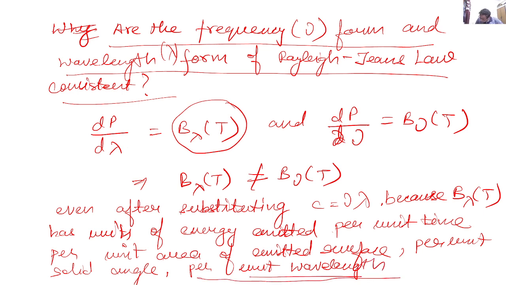So the per unit wavelength is important in B lambda T. It is per unit wavelength and whatever the thing is above. Whereas B nu T is basically whatever the thing is above per unit frequency.